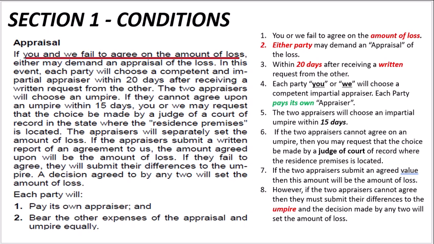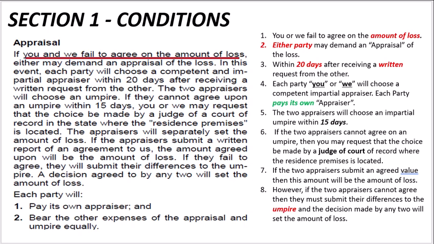If the two appraisers submit an agreed value, then this amount will be the amount of loss. So if the two appraisers agree on the amount and they sign the appraisal award, then it's binding. If one appraiser, either me or your appraiser, whoever you chose, and the insurance company's appraiser have a disagreement and they have to call the umpire in, and the umpire sides with one of those sides, say he sides with the insurance company.